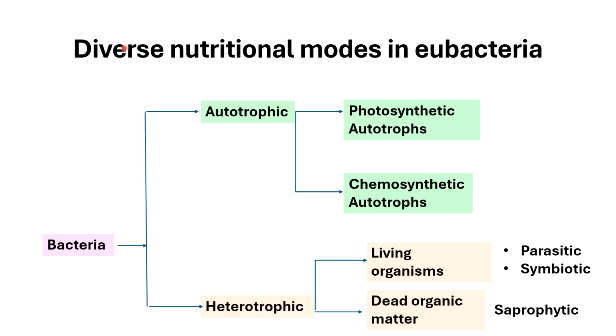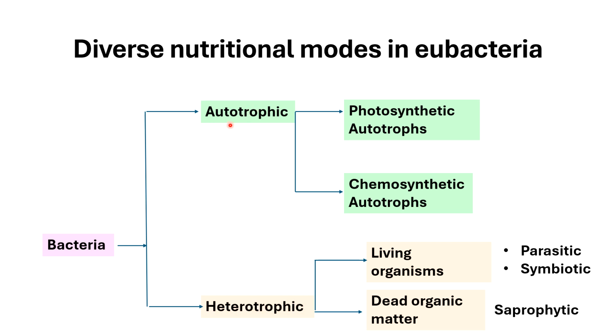Next, let us now discuss about the diverse nutritional modes in eubacteria. Now, the eubacteria can be autotrophic, or synthesize its own food, or heterotrophic. Heterotrophic means it cannot synthesize its own food. Okay.